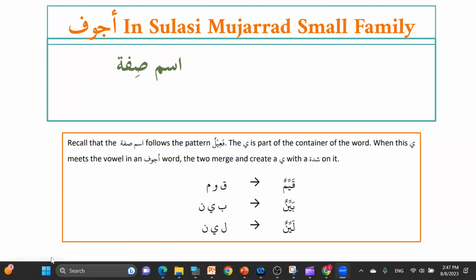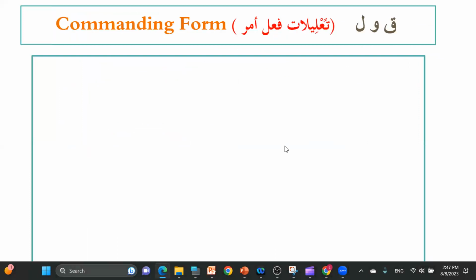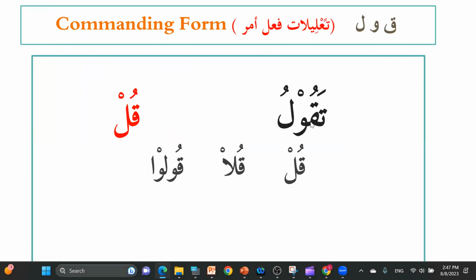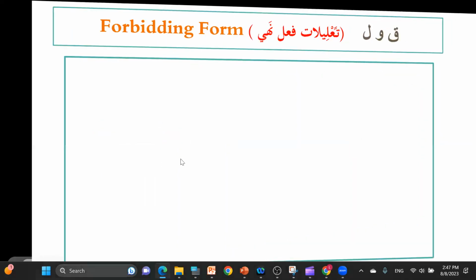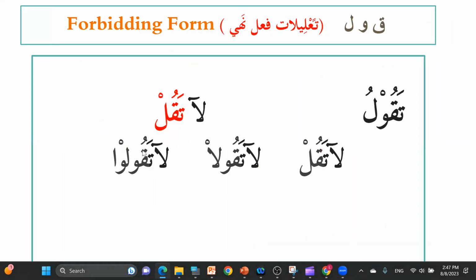So far we did all these patterns, and this is from last class, the commanding fail. So qul is the fail amr, the commanding fail, and we did it last time, alhamdulillah. This is the forbidding form, la taqul.